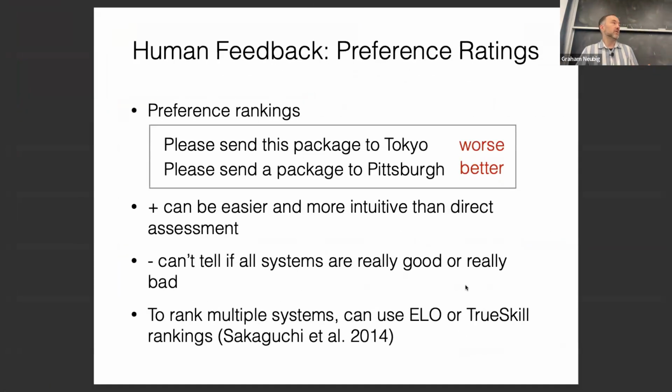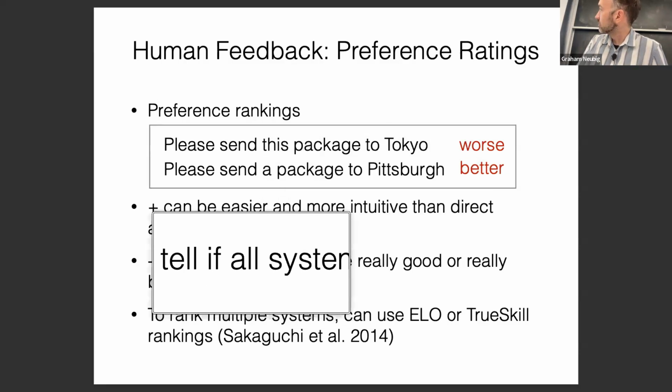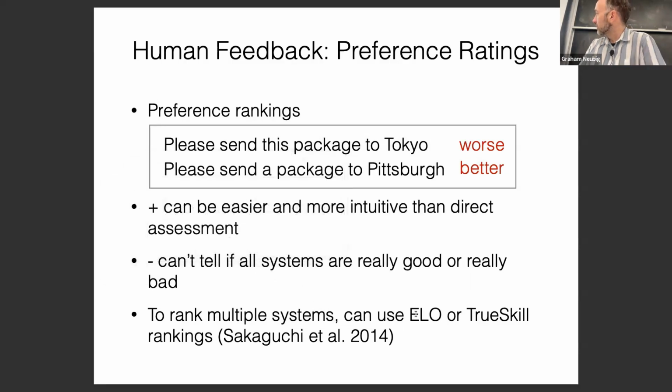Cool. Any questions about this? Yeah. The ELO score, so I don't know about ELO, actually, to be honest. I haven't looked at it super carefully. Maybe somebody else knows, but the TrueSkill score has to do with, if you have a TrueSkill score that's over this amount, we expect you to be winning this percentage of the time.